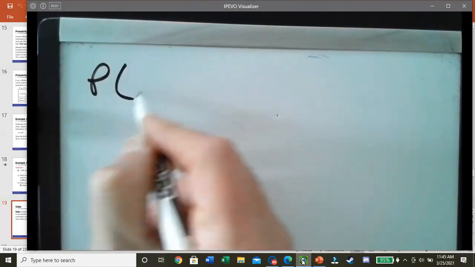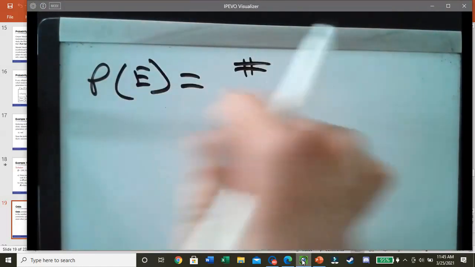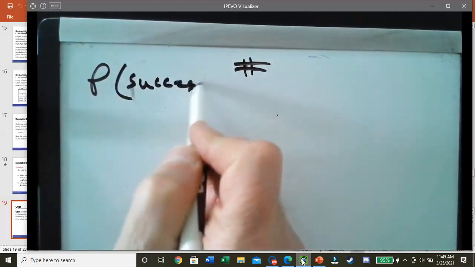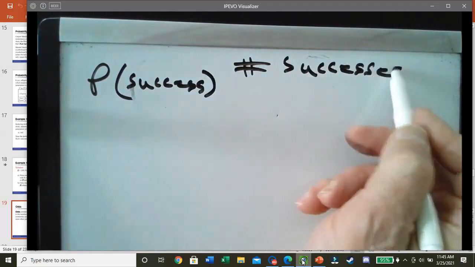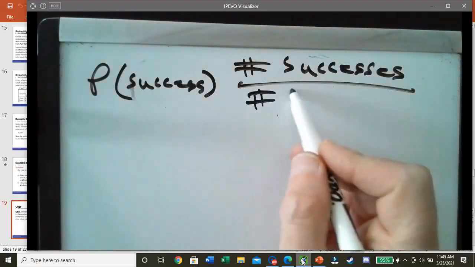Probability of an event is the number of successes. In the last case, success would be considered number of red or number of white, right? If we're looking at the probability of white, success would be number of white plants over the total.